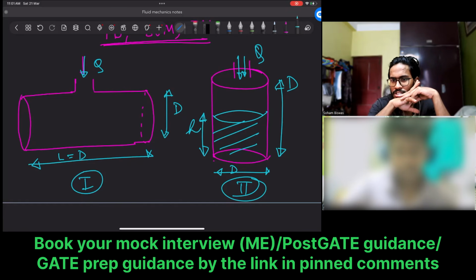Yes, Q is equal to area into dH. But Q has a per unit time unit also.